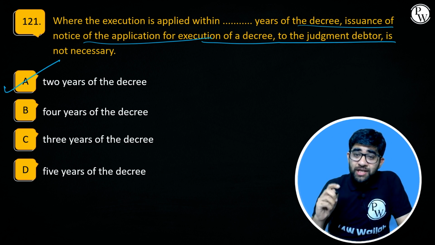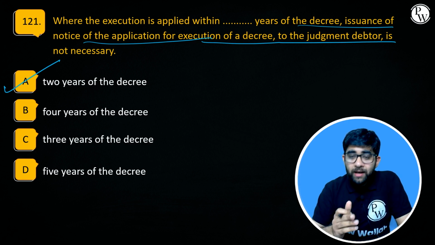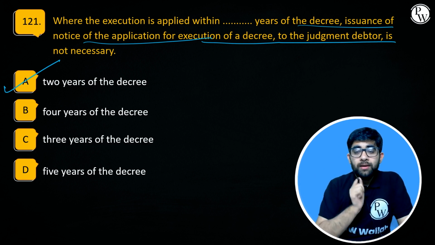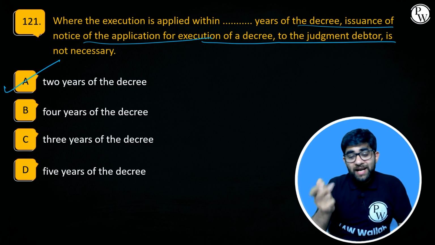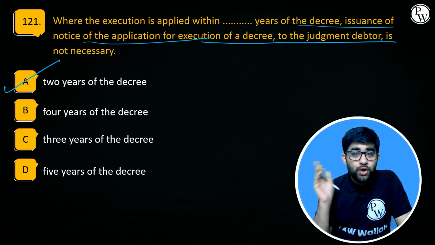But if the execution is filed after 2 years, then the notice will be there. The court will call up the judgment debtor and ask why we should not proceed against him. So if it's before 2 years, then no notice is issued.